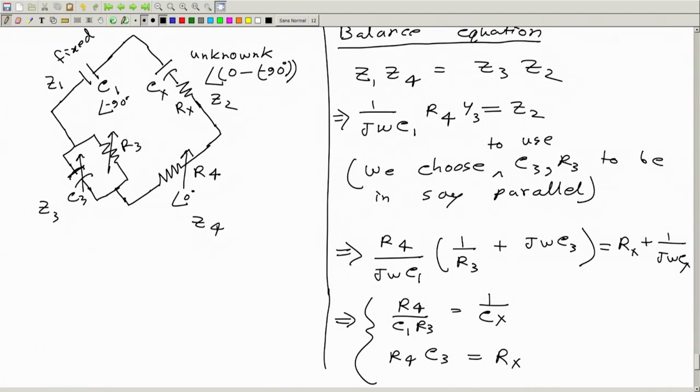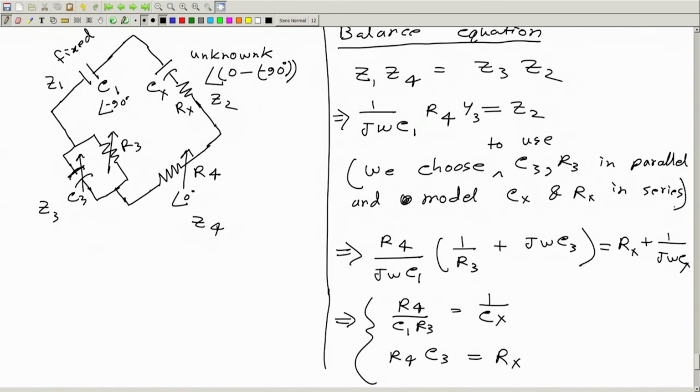Okay. So, in the laboratory we will use a parallel combination of C3 R3, and therefore, we model Cx Rx in series.